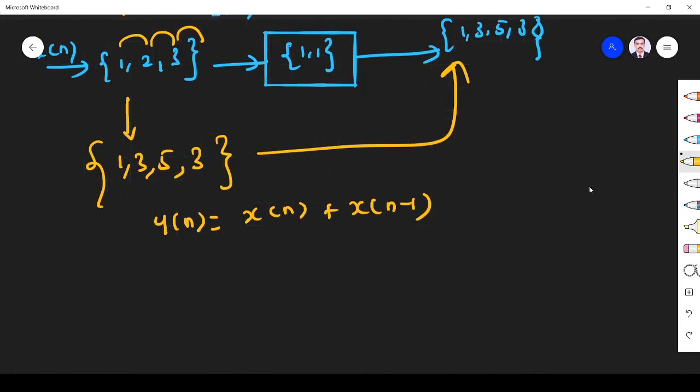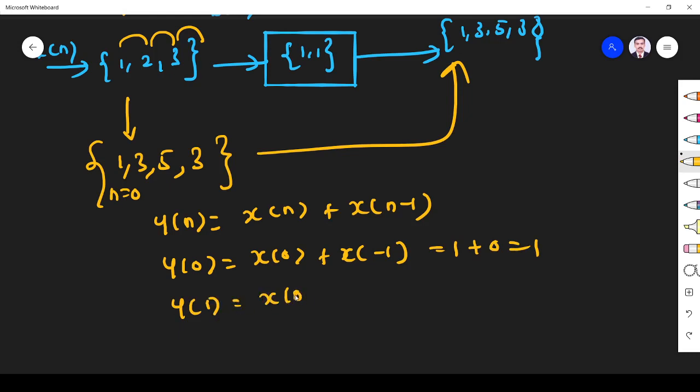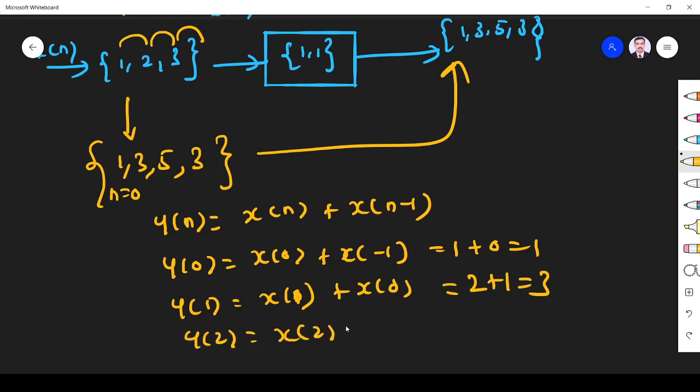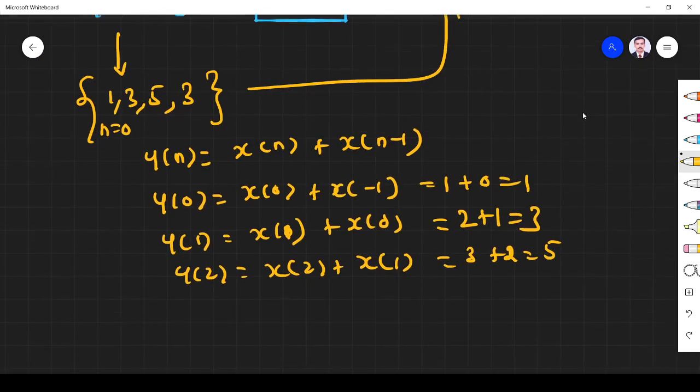Let us check this for n equal to 0, 1, 2, 3. y of 0 is x of 0 plus x of minus 1. x of 0 is 1 and x of minus 1 is 0, so that is 1. y of 1 is x of 1 plus x of 0. x of 1 is 2 and x of 0 is 1, so 3. y of 2 is x of 2 plus x of 1. x of 2 is 3 and x of 1 is 2, so 2 plus 3 is 5.